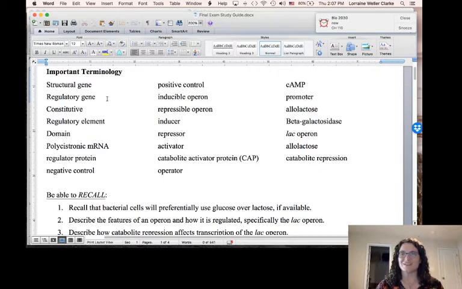Okay, so I'll go through more clearly. Hopefully everyone understood that. The main thing here is that in positive control, the regulatory protein is an activator. In a positive repressible, the activator is always on unless something takes it off.